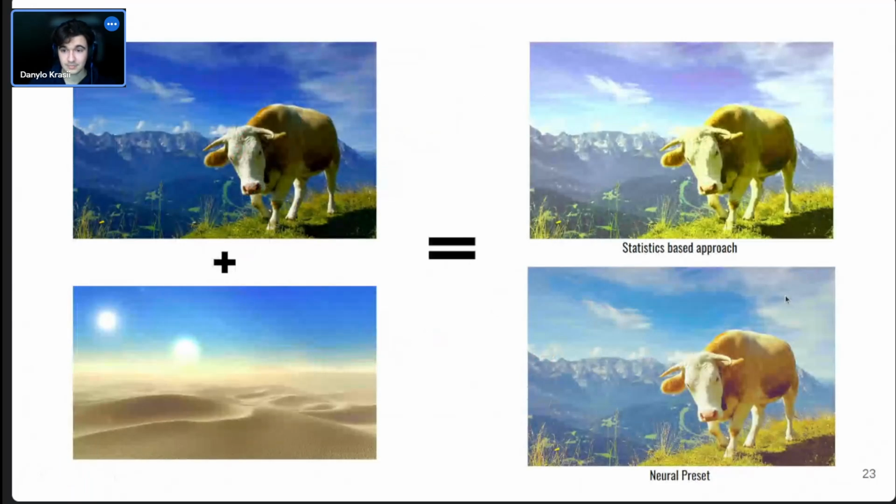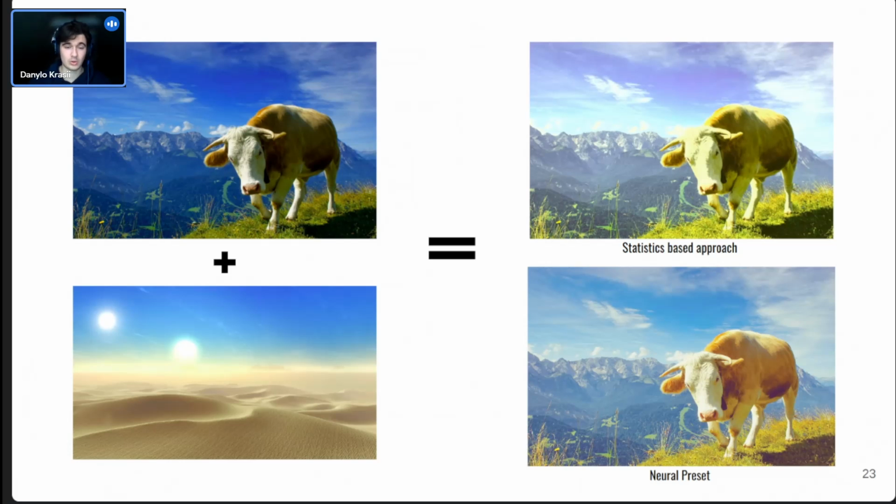So, as you understood from the introduction, I had a project with sky replacement, and to achieve the best speed of the pipeline, I used a classical statistics-based approach, and sometimes results were not as good as I wanted.